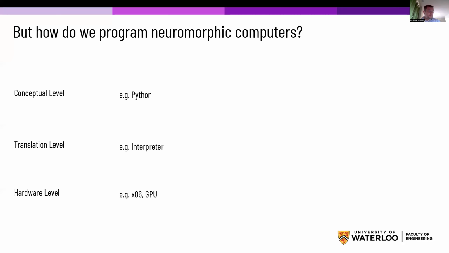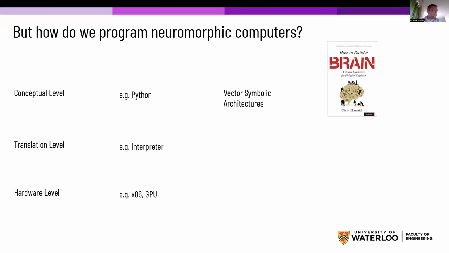For standard computers, at the conceptual level, we can write down our ideas in Python. We can then translate that to machine code, and then we run it on the hardware. These are well-established principles. And I say Python because I like Python. It could be C in a compiler, whatever you prefer. And the way that I've been thinking about it is that, at our conceptual level, we have vector symbolic architectures.